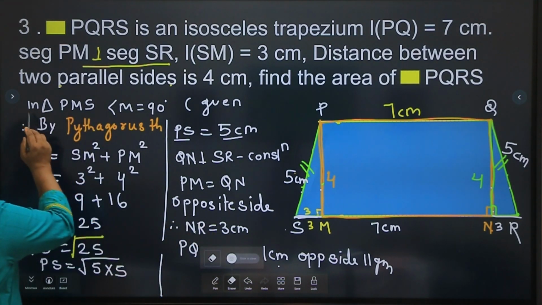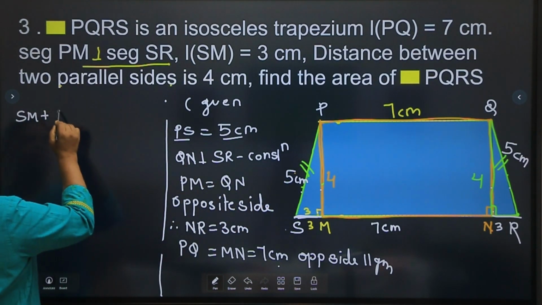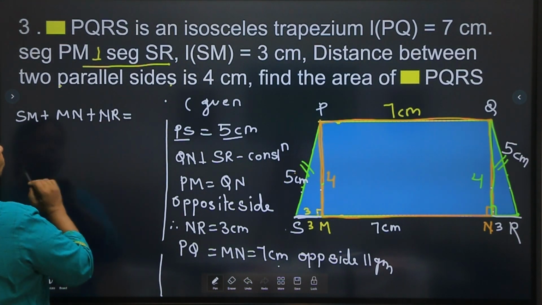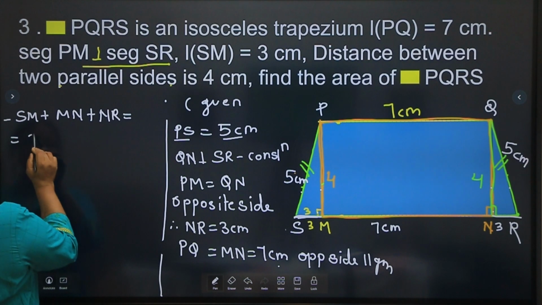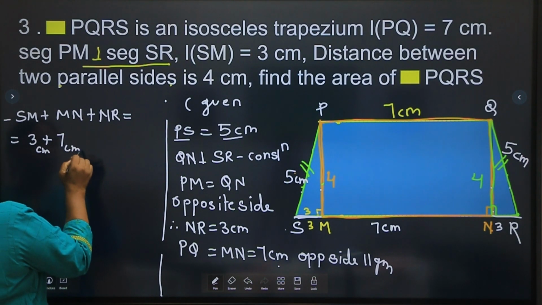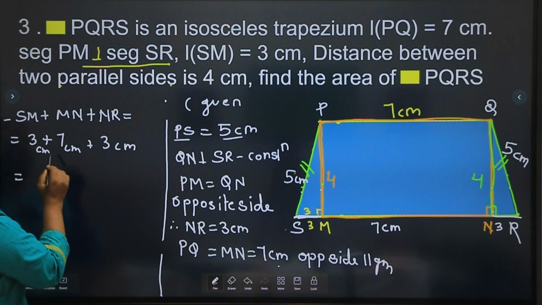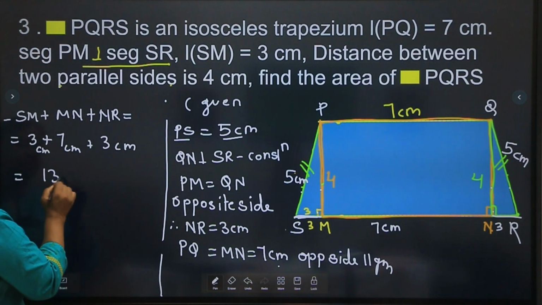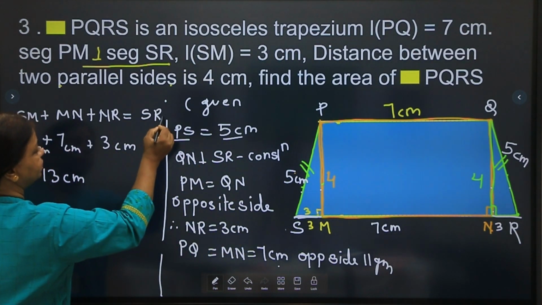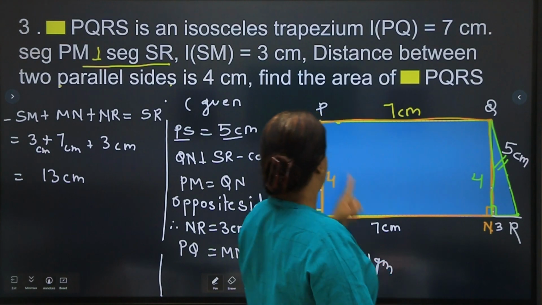I can say that SM plus MN plus NR is equal to 3 plus 7 plus 3, which is 7 plus 3, 10, 10 plus 3, 13 centimeter. So finally, we got SR. SR is 13. PQ is 7, SR is 13, and height is there.